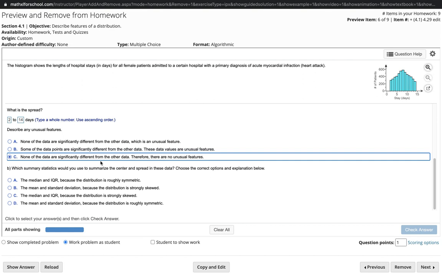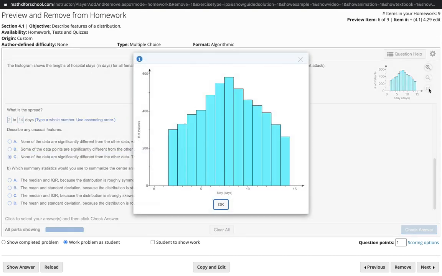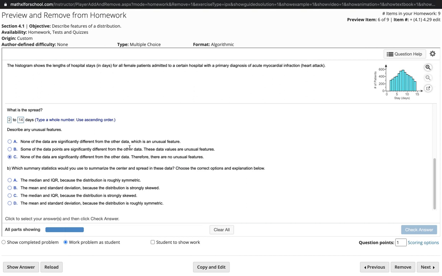If the data is skewed, then median and IQR are most accurate. In this case, we have already established that this is symmetric. So therefore, which summary statistics would we use? We would use mean and standard deviation.